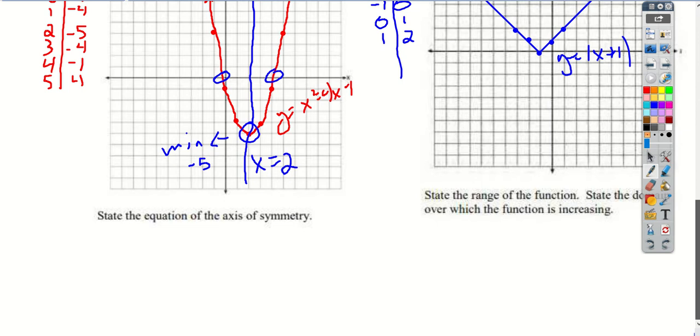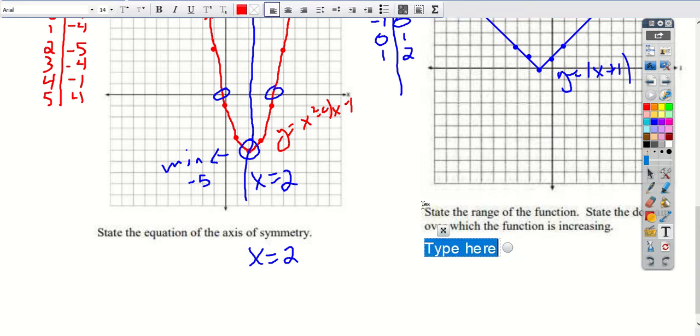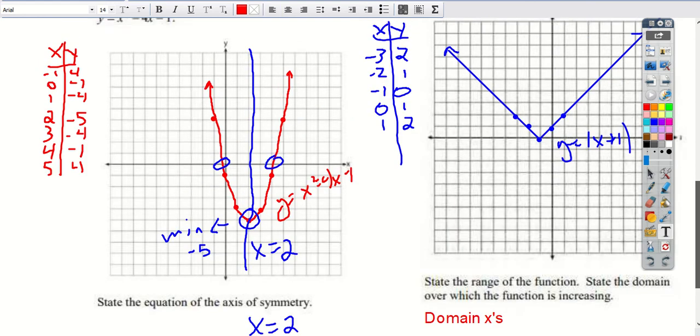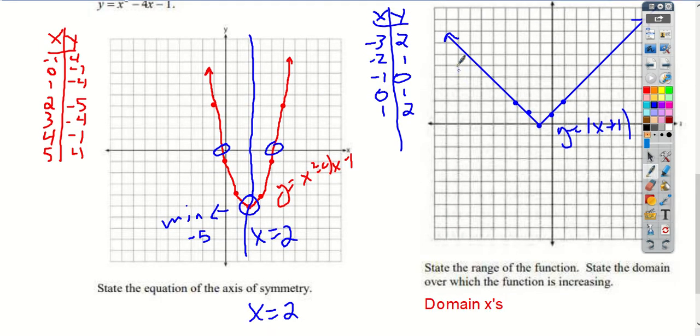Okay, so state the axis of symmetry. For this one, we just did it as x equals -1. State the range of the function. So remember, the domain is the x's. We don't know when it's increasing. If you're looking at the graph, the graph is technically decreasing as it moves in this direction.